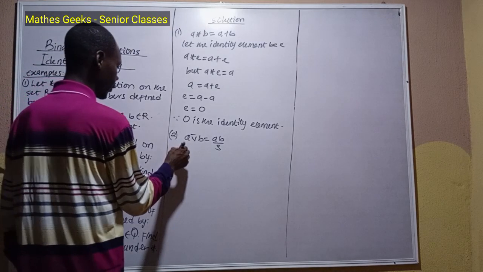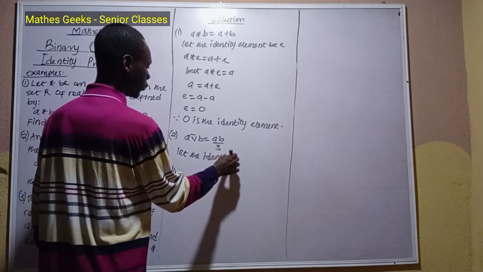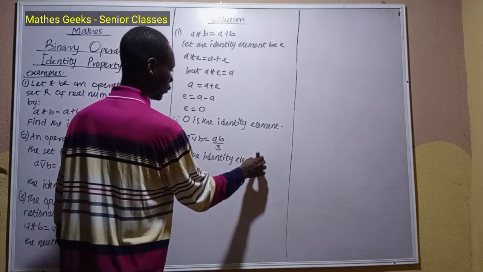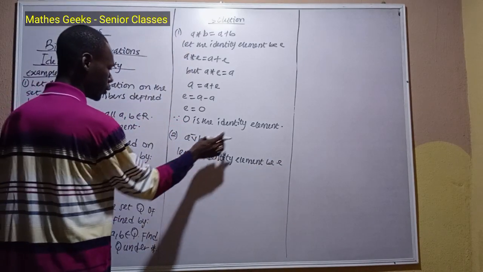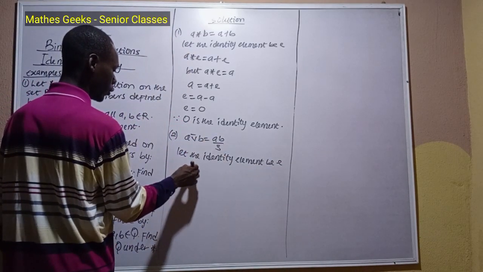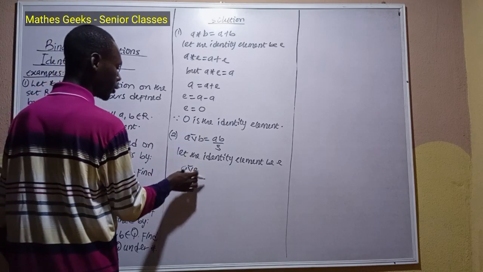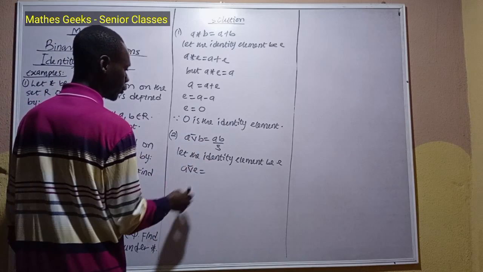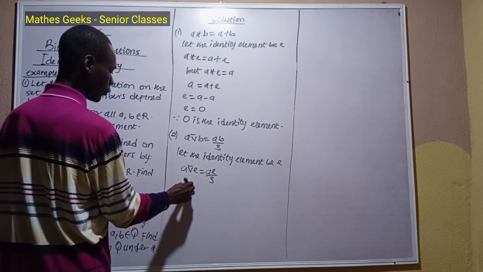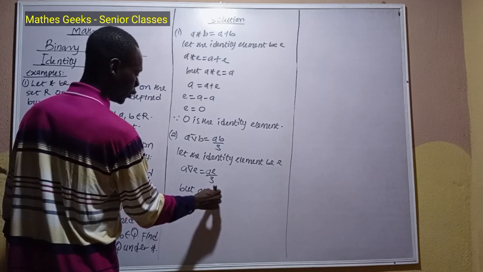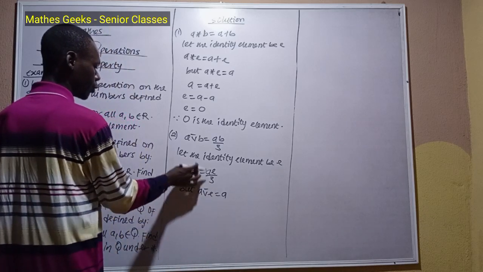Let the identity element be E. So A operation B is AB over 3 again. A operation E, so E substitutes for B. That will give us AE over 3. But A operation E is equal to A.